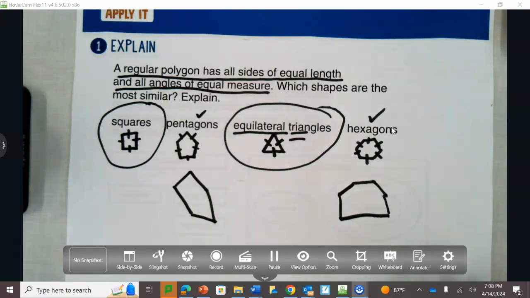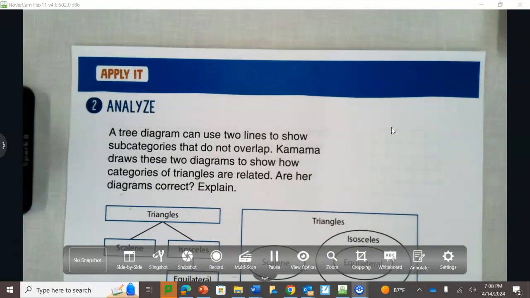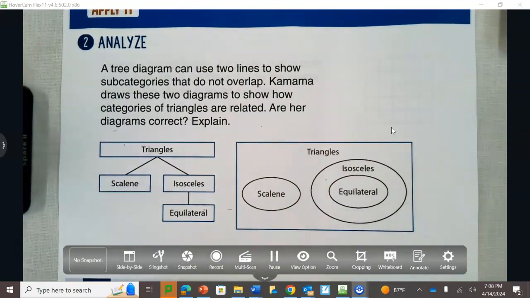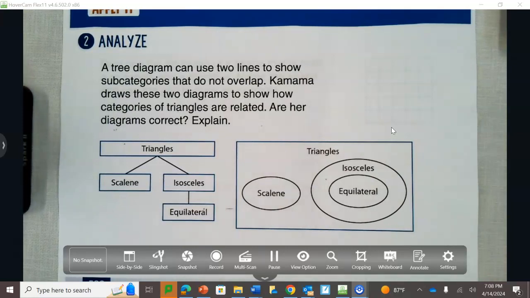Okay, we're going to go ahead and move on to number 2. Number 2 is showing a picture of a tree diagram, and it's showing a picture of a Venn diagram. And we just want to know, is Kamama correct? Is she correct with the way that she designed these?